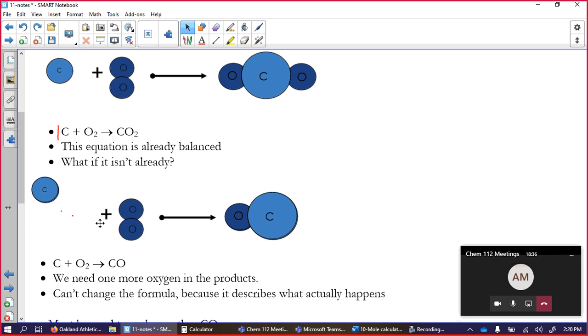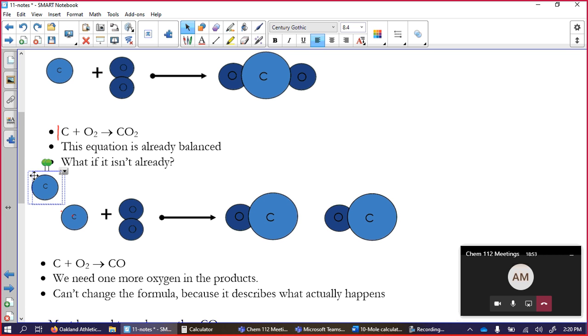If I do the same thing and make carbon monoxide, well, I've got two oxygens here and one here, so I can add another oxygen. Well, now I've got two carbons and one carbon, so apparently the second one isn't grouped together for some reason. So I add another carbon.